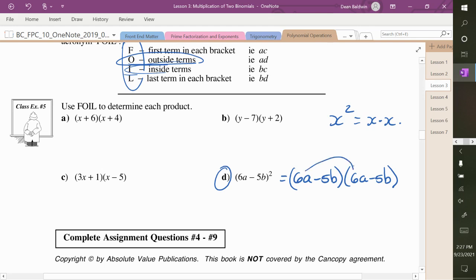So the 6a's get multiplied together. What is 6a times 6a? 36a squared. 6a times negative 5b. What's 6 times negative 5? Negative 30ab.